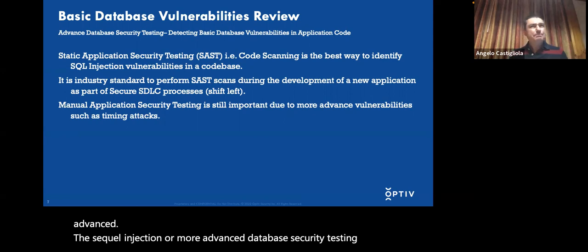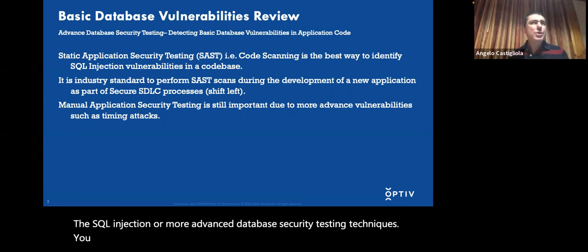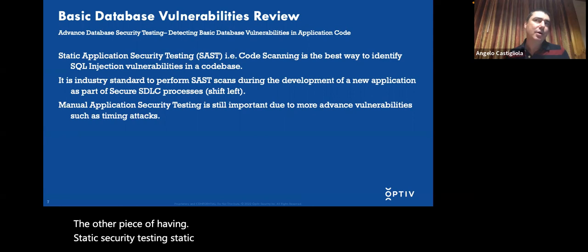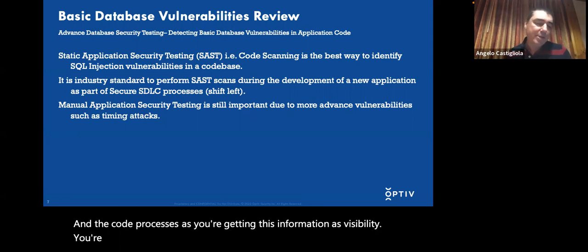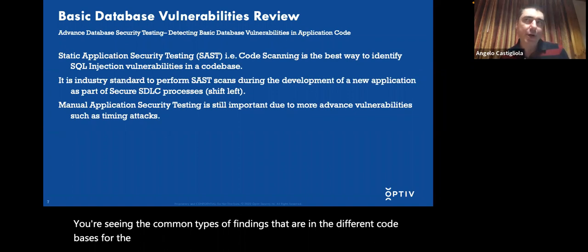The other piece of having static security testing, static analysis, in the code processes, as you're getting this information and visibility, you're seeing the common types of findings in the different code bases for the application portfolio for your enterprise.